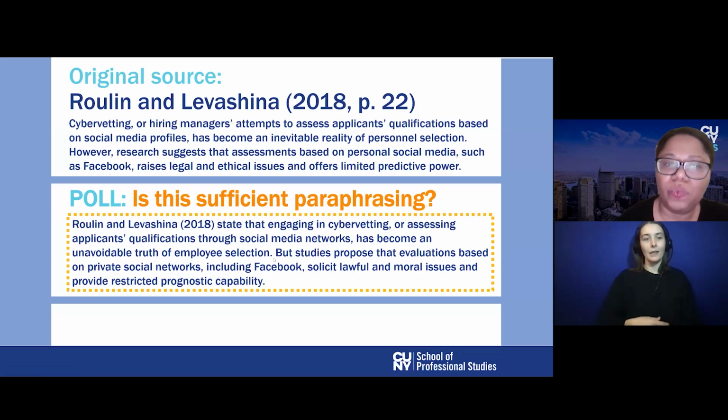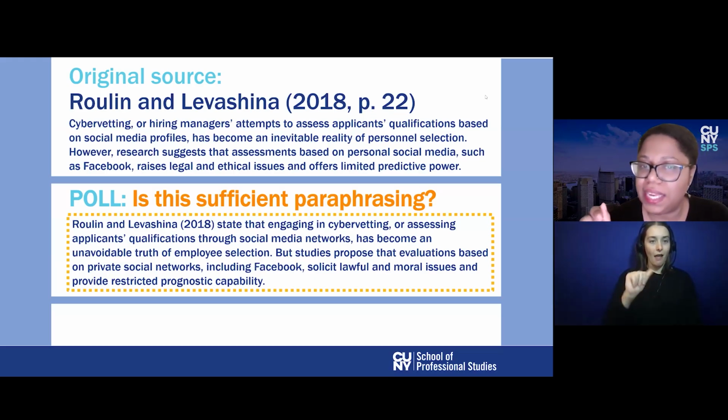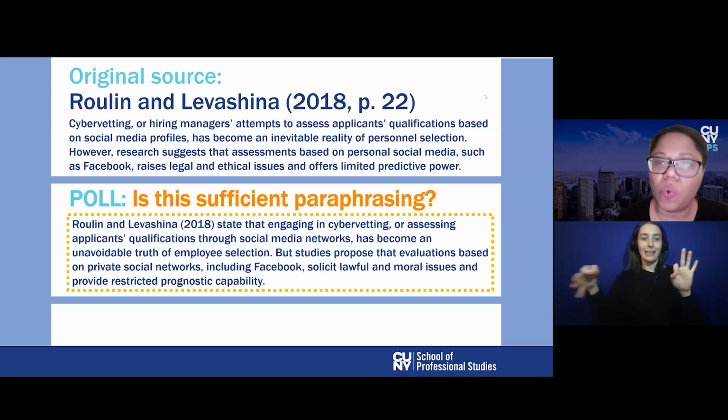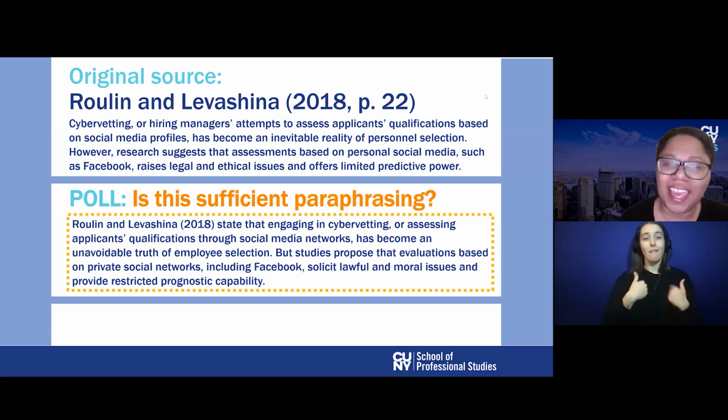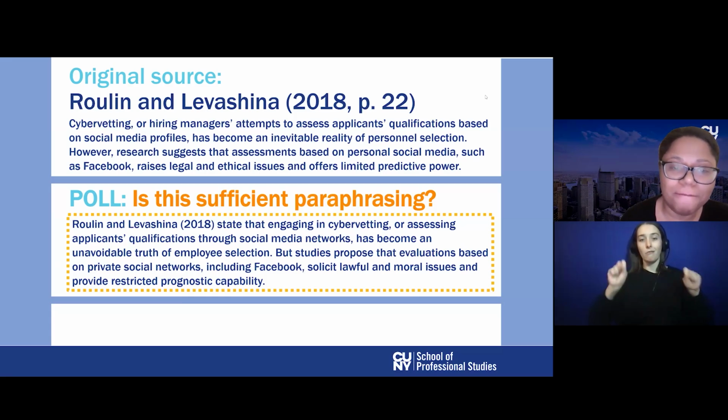It says the names, Rulin and Levashina, in parentheses, the year 2018, state that engaging in cyber vetting or assessing applicants' qualifications through social media networks has become an unavoidable truth of employee selection. But studies propose that evaluations based on private social networks, including Facebook, solicit lawful and moral issues and provide restricted prognostic capability.